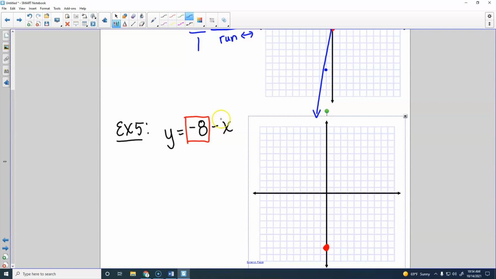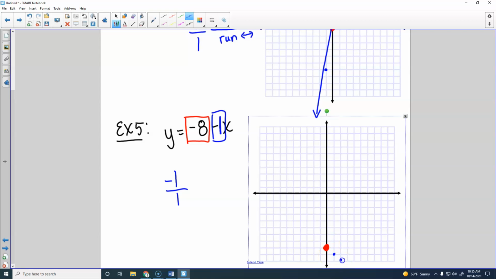It looks like there's nothing there, but when there's nothing there, that means there's a 1 right there. So this negative 1 would be my slope. So negative 1 is not a fraction. What should I do to it? Over 1. So, Vince, from this dot right here, what should I do? Down 1 and then to the right 1.